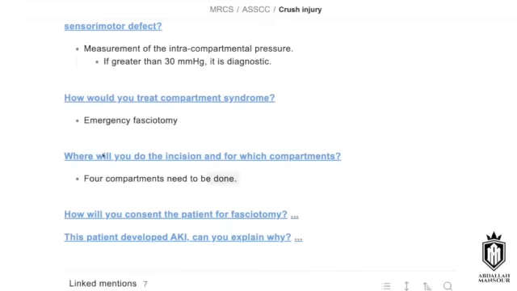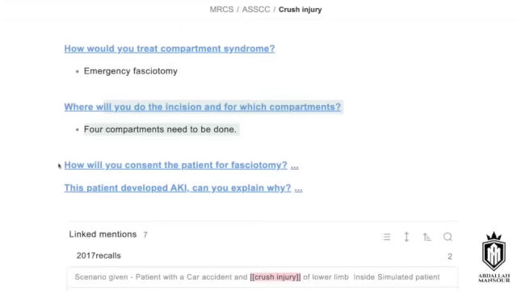Good. So you want to decompress the four compartments, so you can do three or four incisions. How will you consent the patient for a fasciotomy? I'll explain to the patient the urgency of the situation and the complications that can happen if a fasciotomy is not done: the patient can lose a limb, and it could cause systemic effects such as kidney failure and other severe effects on the cardiovascular system.